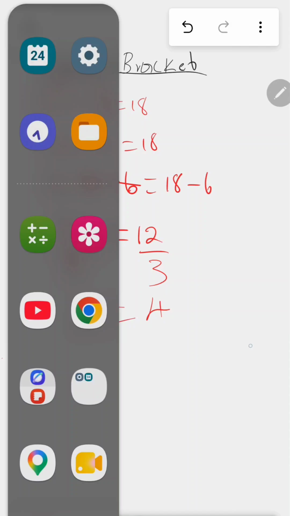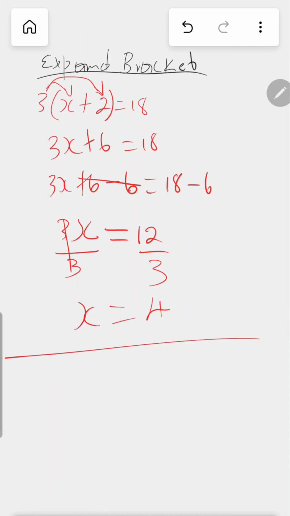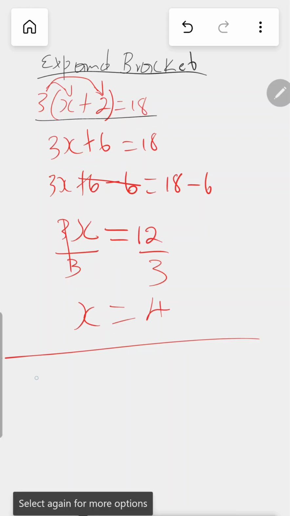So let's go. Using the original equation, which is this one right here. So it's going to be 3, open bracket, wherever x is we put 4. So we're going to put 4 plus 2, close bracket, equal 18.